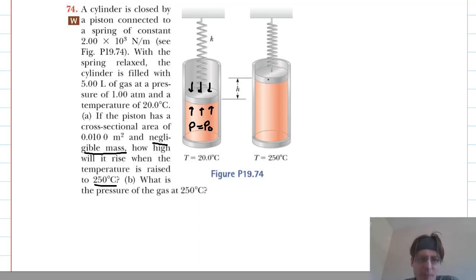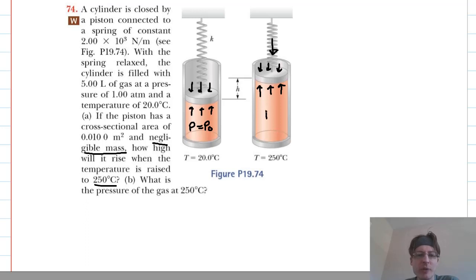In the second picture, now, again, same idea. It's in equilibrium now, but with extra forces that are acting, an extra force from above from the spring. Now you've got not only atmospheric pressure pushing down on it like before, but there's an extra force from the spring that's compressed pushing down as well. Okay, so let's write down the mechanical equilibrium equation.